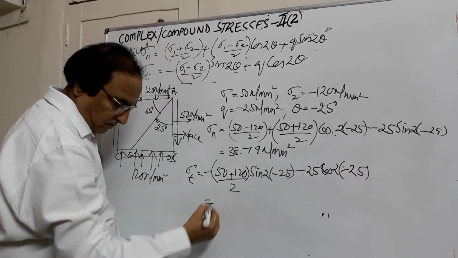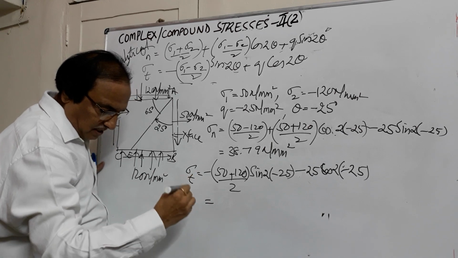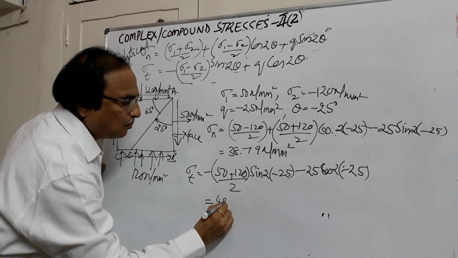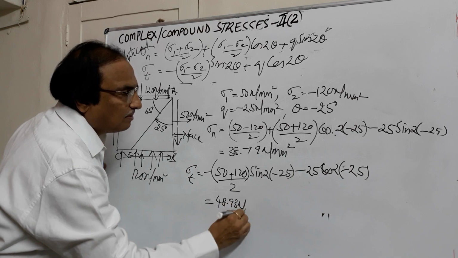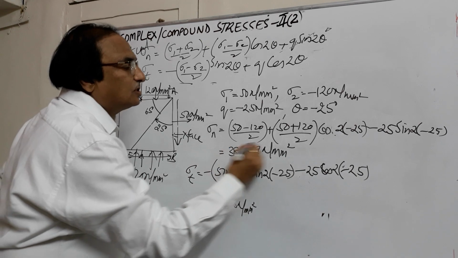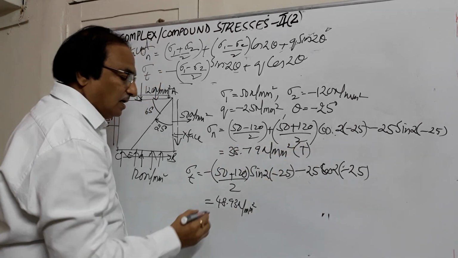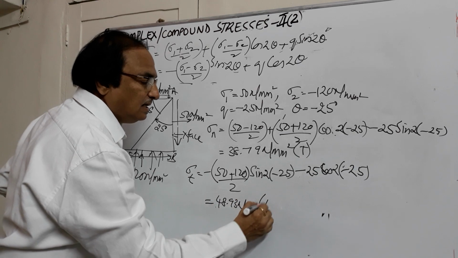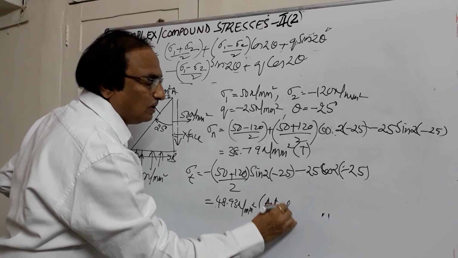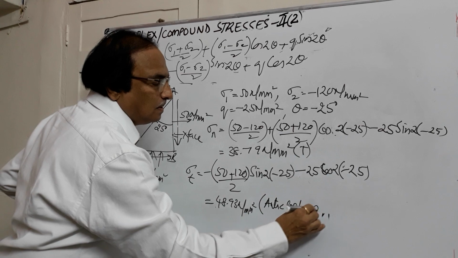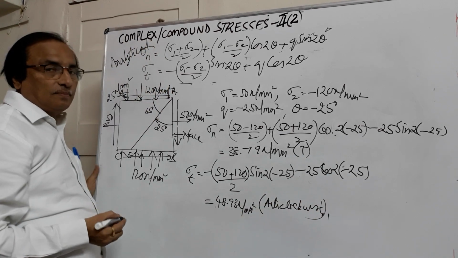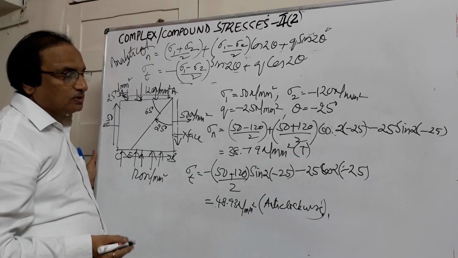If you simplify this, you get sigma t equal to 48.93 Newton per mm square. This is positive, meaning it is in tension. This is positive, meaning it is anti-clockwise shear on the plane. So these are the values that you will be getting.